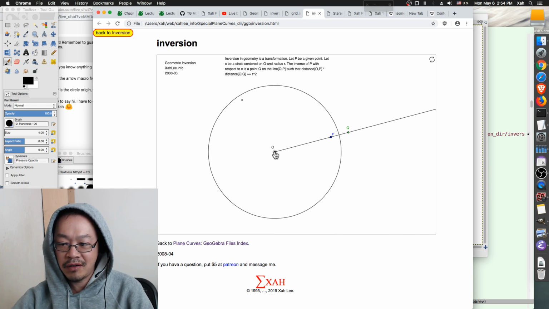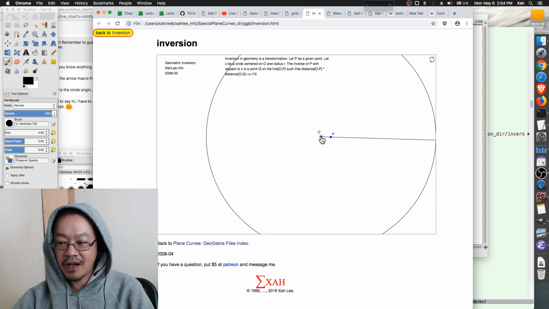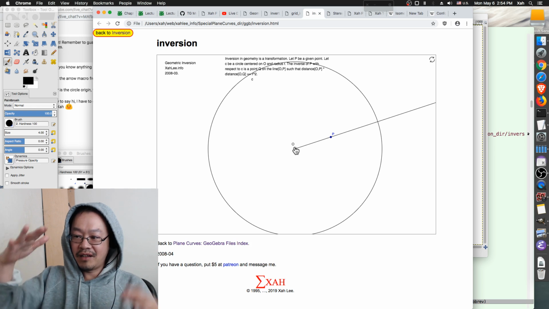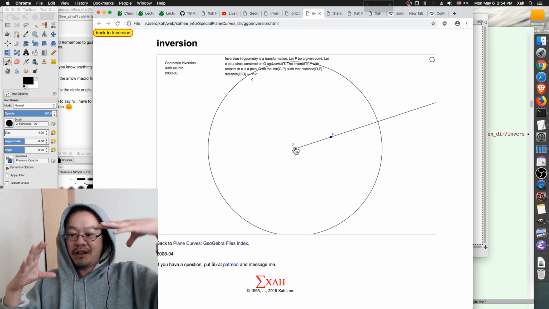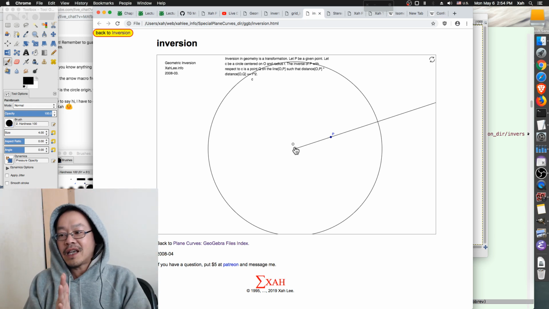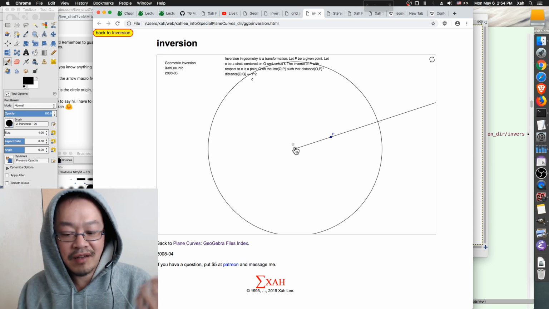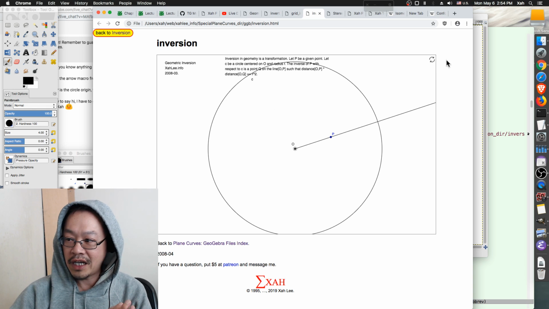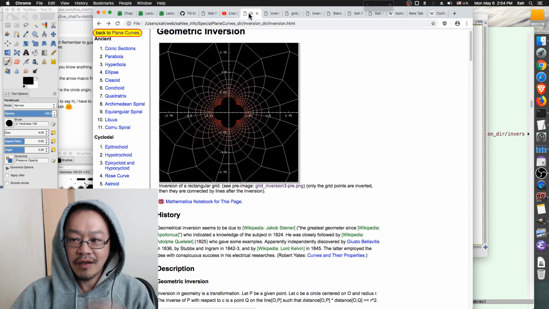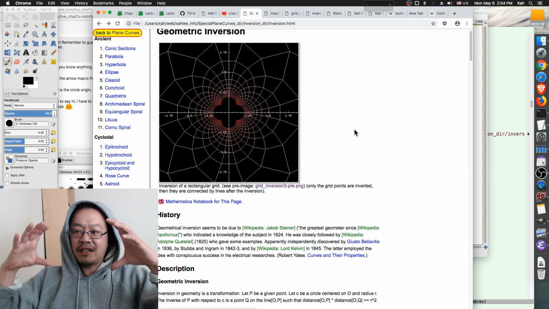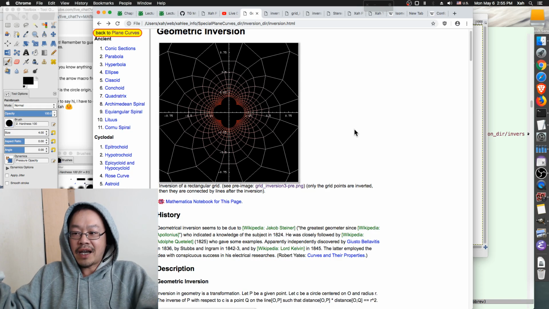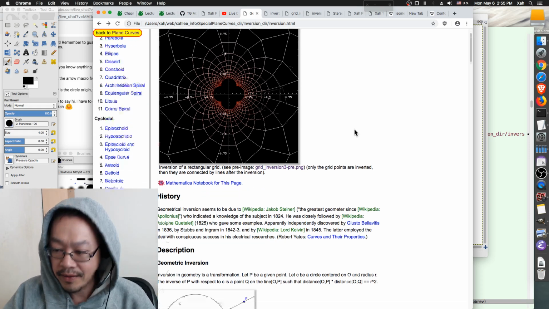The circle is curved, but now it becomes less and less curved. It becomes a line. Then you can start to see the left side is mirrored to the right side. That's a generalization of the reflection concept. So that's another interesting thing to think about. Geometric inversion warps everything inside the circle to the outside and vice versa. It kind of just mirrors it.